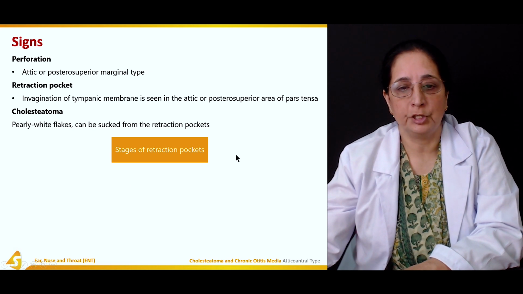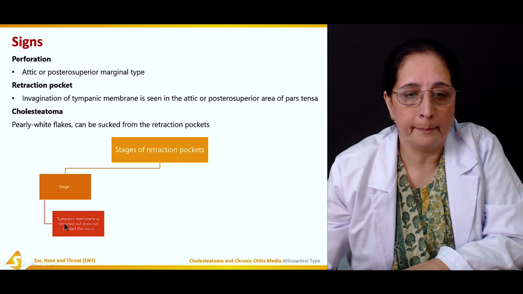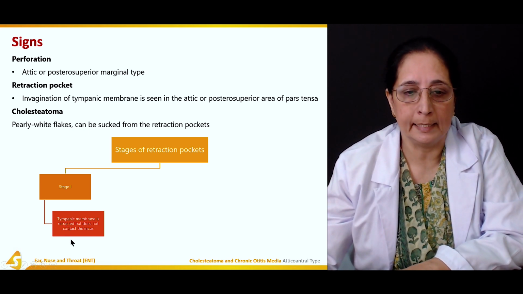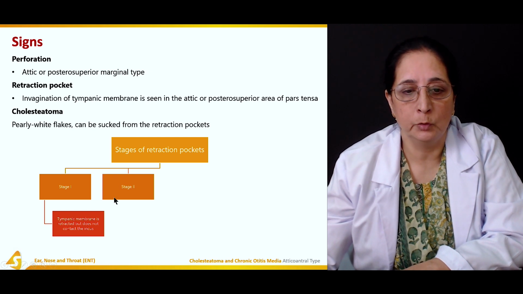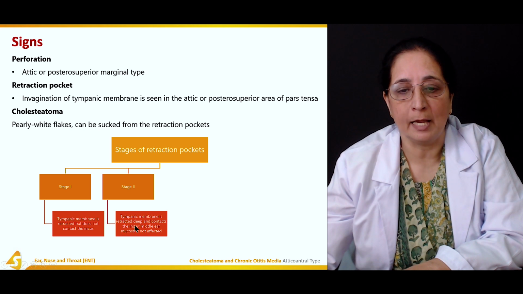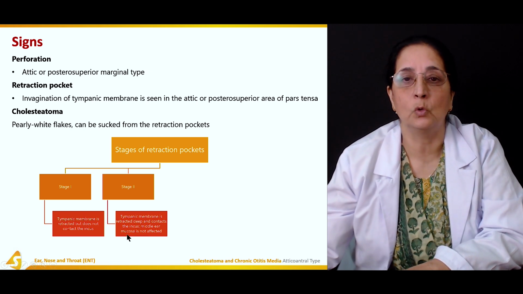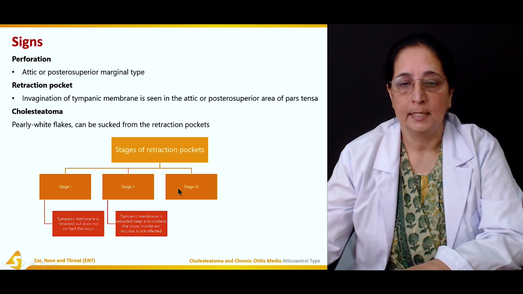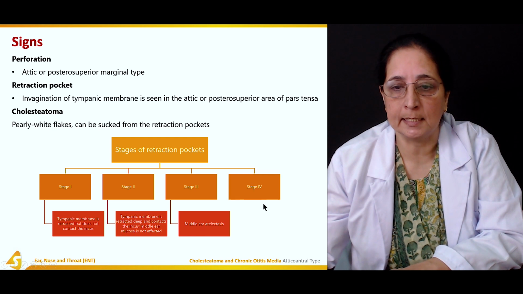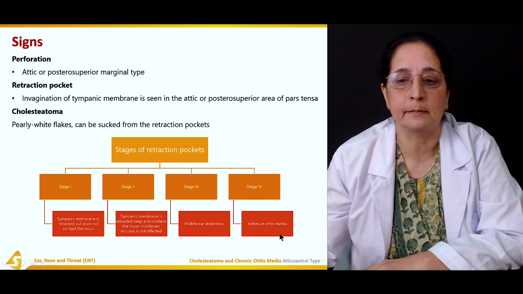Stages of retraction pockets: in stage 1, the tympanic membrane is retracted but does not contact the incus. In stage 2, the tympanic membrane is retracted deep and contacts the incus. Middle ear mucosa is not affected. Stage 3 is middle ear atelectasis, and in stage 4 there is adhesive otitis media.